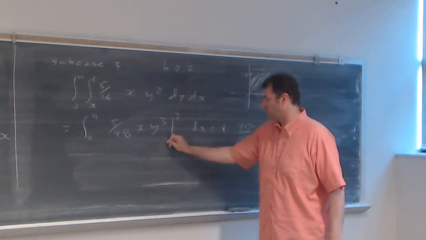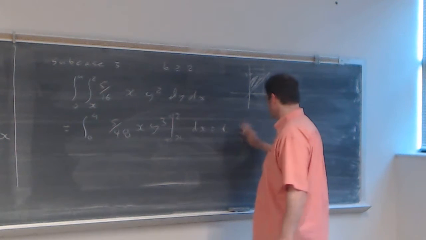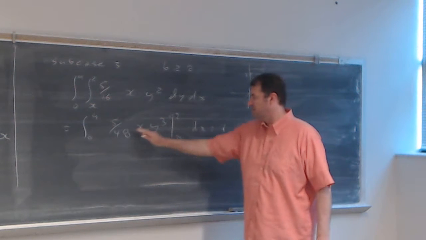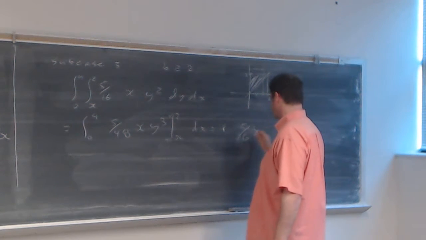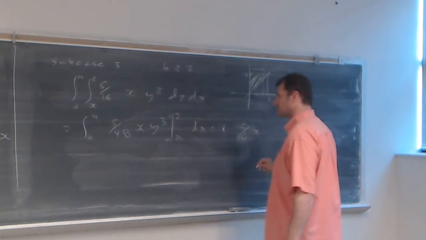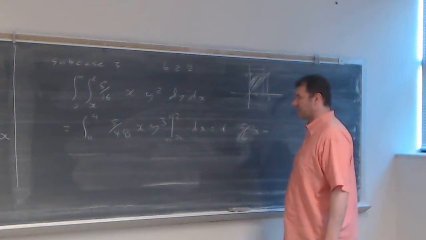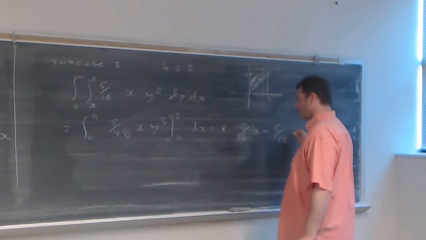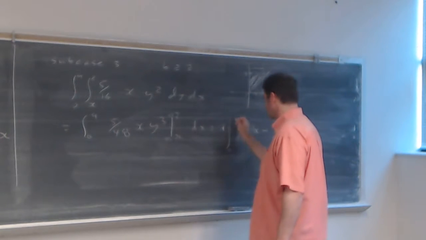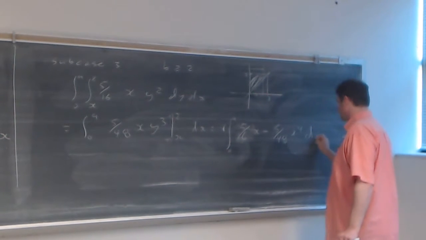I'm letting y be equal to x and y be equal to 2. 8 goes into 48 six times. Let's write it down that way. So 5 over 6, x. And then minus, when I let y be equal to x, we get 5 over 48, x to the 4th. And don't forget, we're integrating this from 0 to a dx.